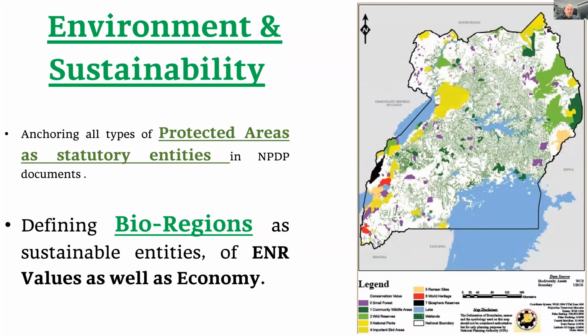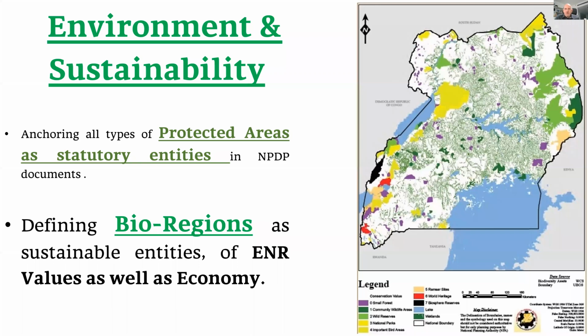The second one was to define new bioregions in the country. And what is a bioregion? A bioregion is a sustainable entity including the values of environment as well as economy together. And the main example which I want to give you is this idea of the Nile Kyoga bioregion concept.